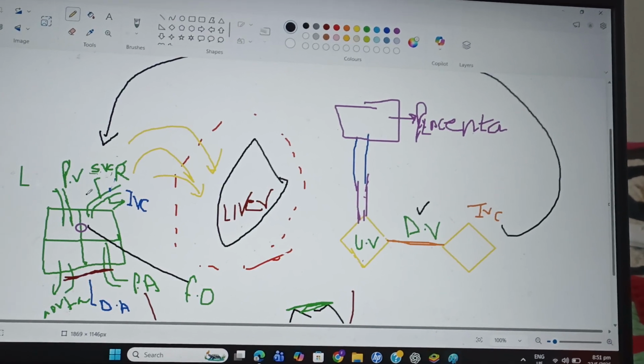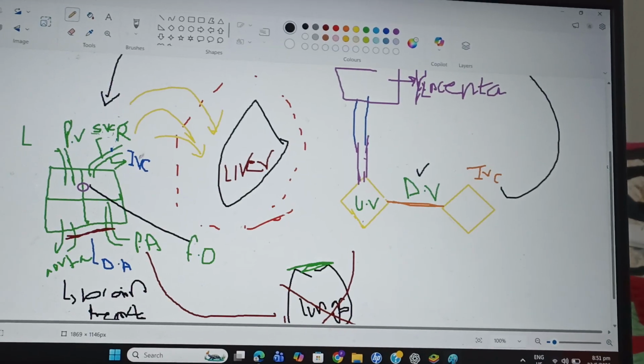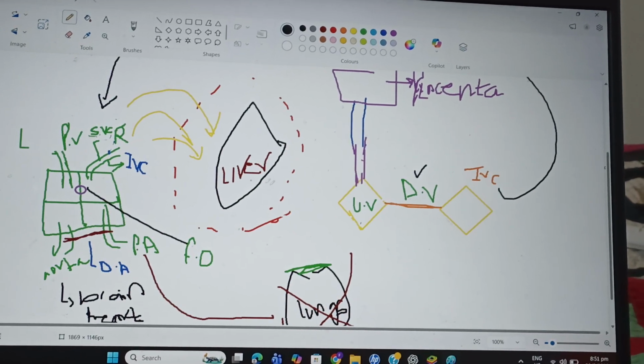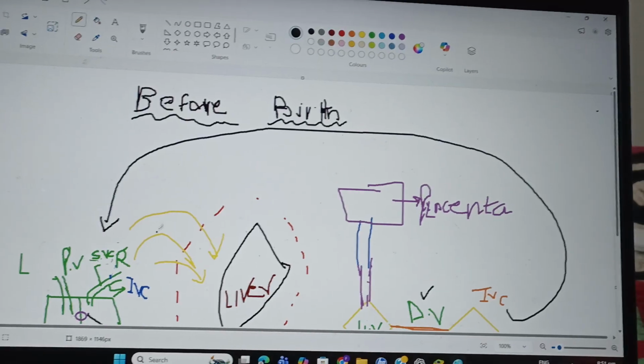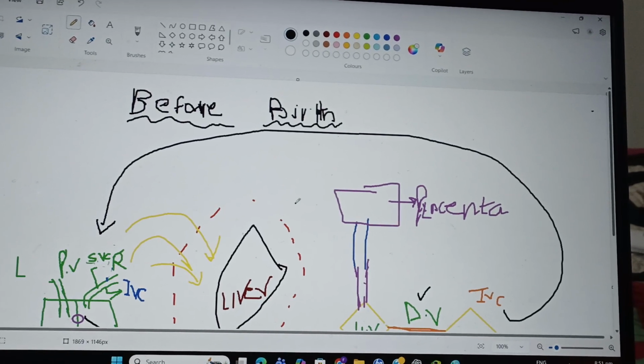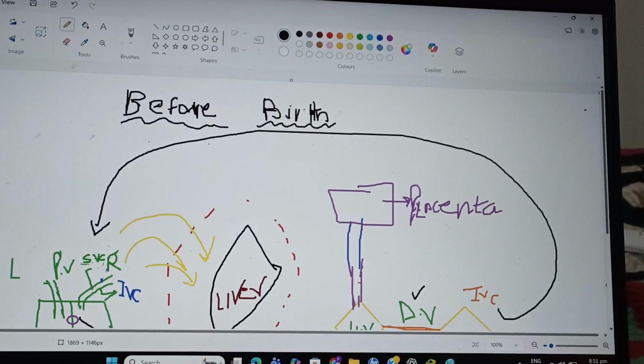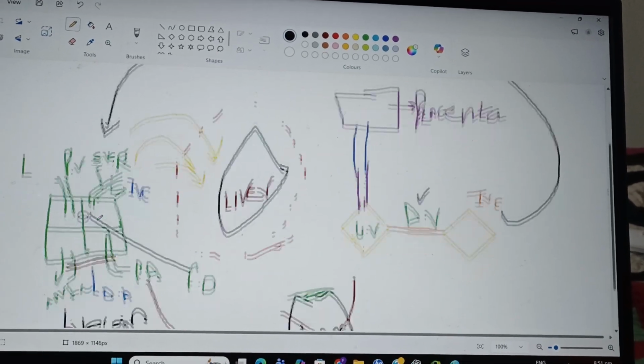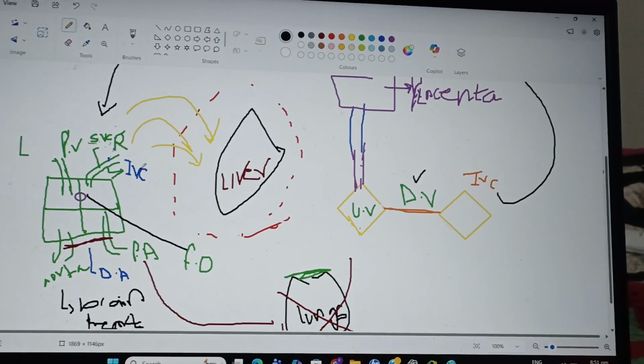This inferior vena cava blood is oxygenated blood. We have to keep in mind that we are talking about the circulation of the fetus before birth.